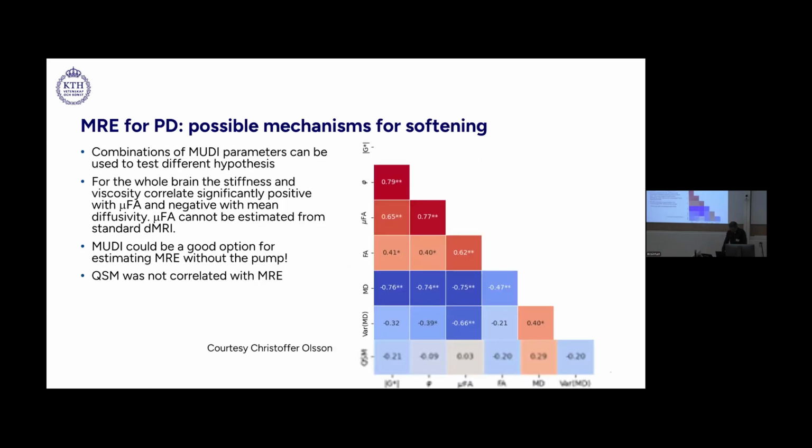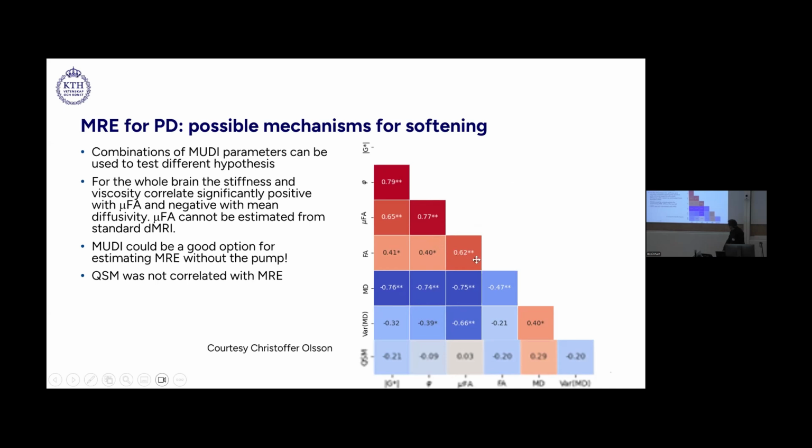So the first thing we did was to correlate these MUDI parameters with MRE. You can see here, this is G-star, the stiffness, and this is the viscosity. That means that these two are correlated, but there are some that are also very correlated. For example, this one was very much correlated.